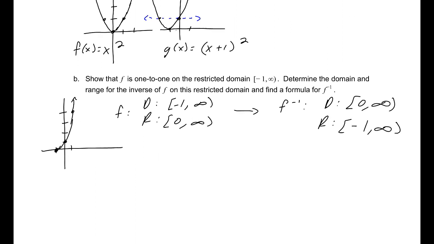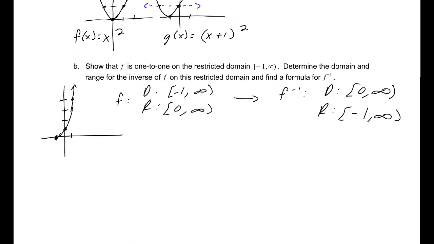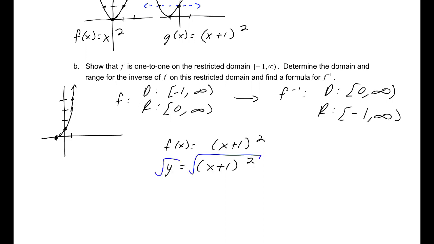Now we want to find a formula for that. We have the graph, or a sketch of it at least. I want to find it algebraically. So this was f(x) = (x + 1) squared. Let's solve this for x. First we take our square root. So the square root of y equals x + 1.